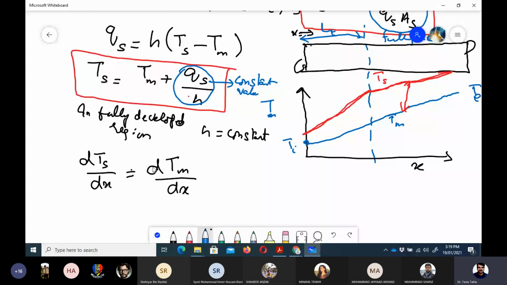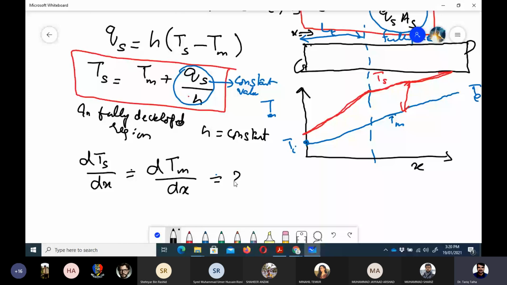For determining this slope, we can do the differential analysis, and then by doing the differential analysis, we can easily see the value of this slope. So let me draw that differential element on a pipe, and then we can discuss how we can determine this slope.